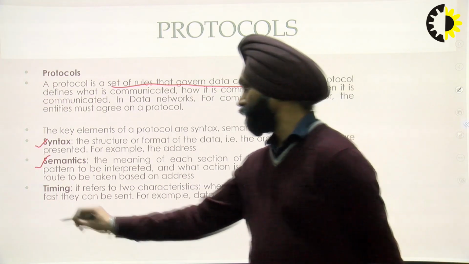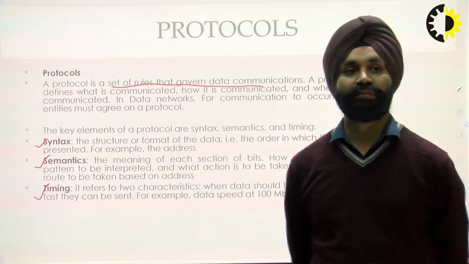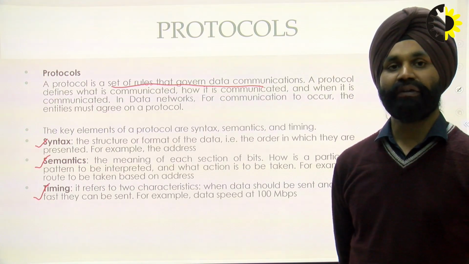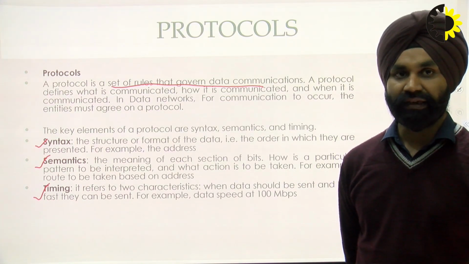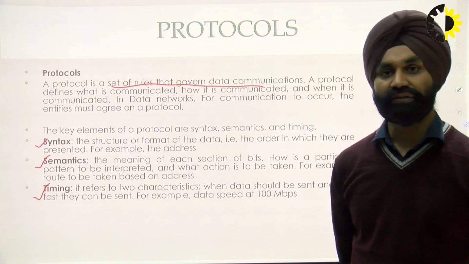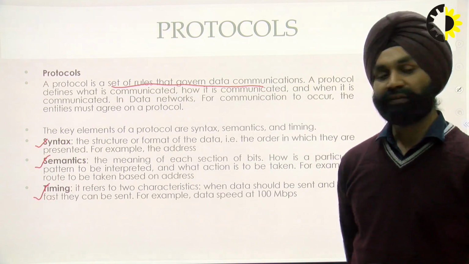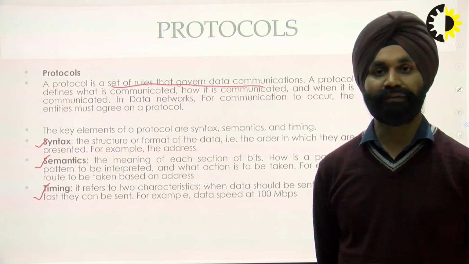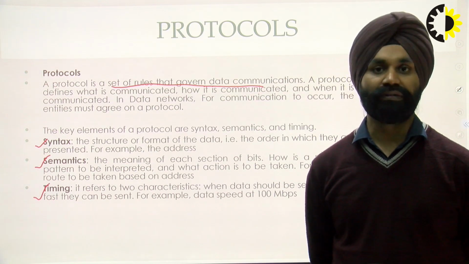Then timing. Generally there are two ways in which the timing of a protocol is set. First is when data is sent, and second is how fast or how slowly we can send the data. For example, we have discussed that for a LAN we have 100 Mbps to 1 Gbps, which is set by the rules of a protocol.